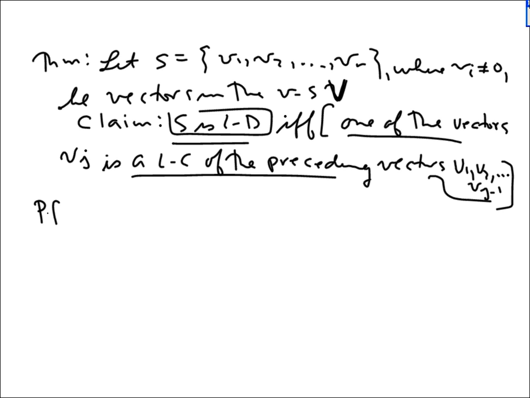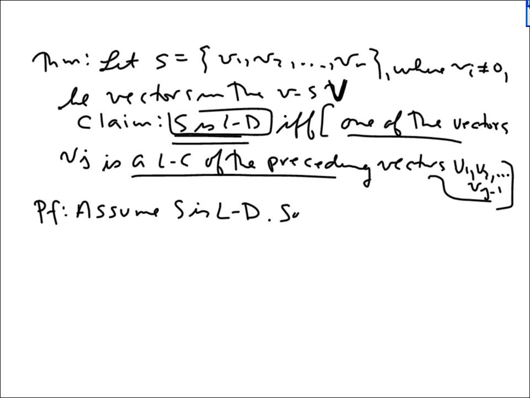Let's actually prove this. So let's assume S is linearly dependent. So what does that mean for us? Not all the scalars are 0.